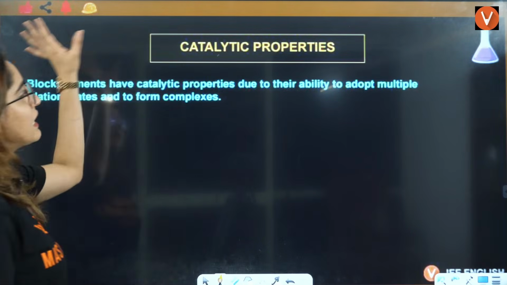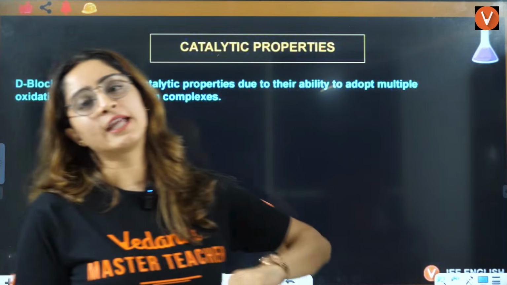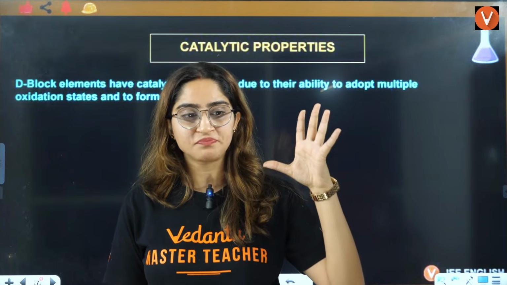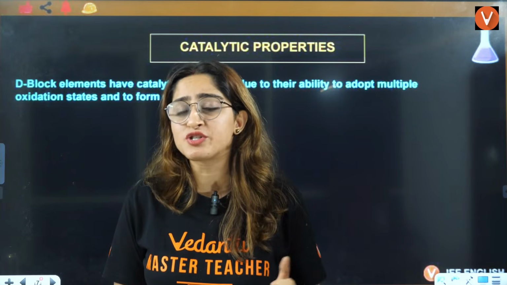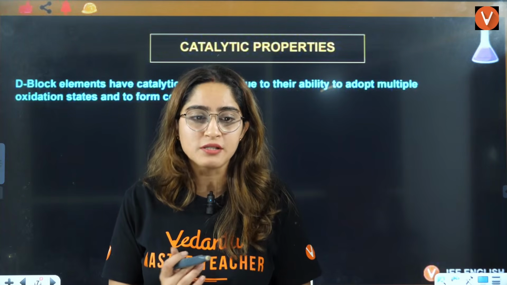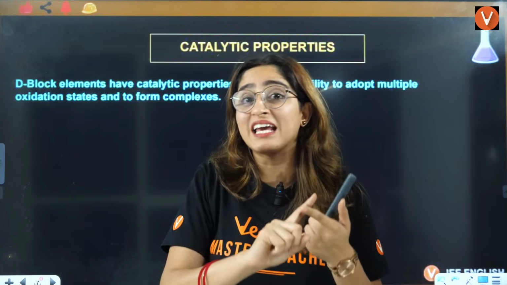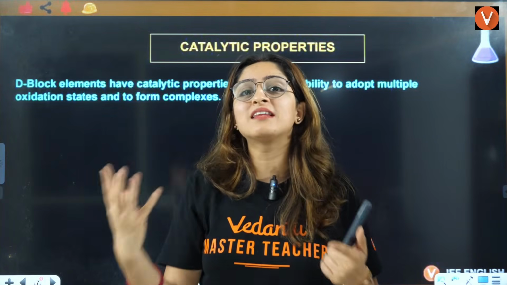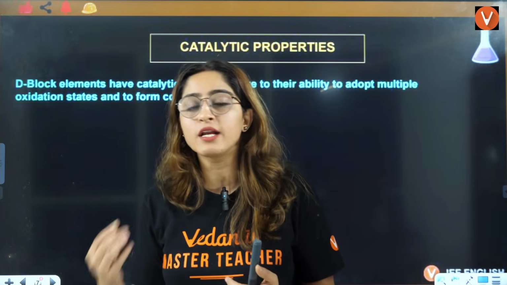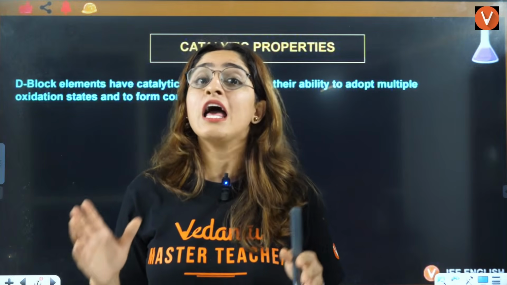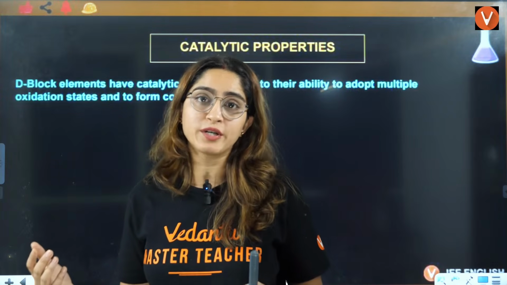Okay, so let's talk about catalytic properties, right? The catalytic properties, if you talk about organic chemistry as well, in all these reactions, you must have seen that in hydrogenation, we are using nickel, platinum. What are these? These are transition metals, right? So we can say that these are used as catalysts as well, right? Vanadium oxide is a very good catalyst, right?